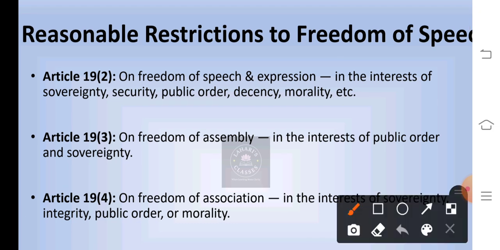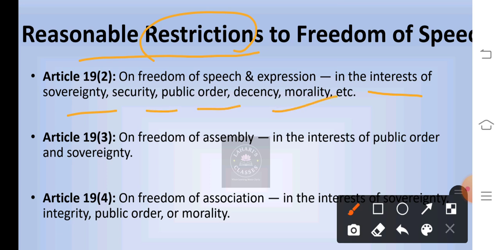But in order to enjoy all of these freedoms given to you, there are certain reasonable restrictions. Your freedom should not be harmful to others' freedom or to others. It should not threaten others. The freedom is not absolute. It comes with reasonable restrictions, and those restrictions are in the interests of sovereignty, security, public order, decency, morality.